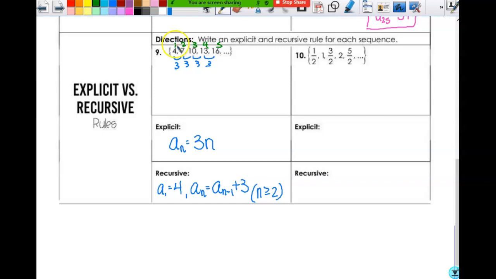So 3 times 1 is 3, and then I add 1. 3 times 2 is 6, and then I add 1. Right? So I just have to add 1 here. And that's my answer. So you look at number 10 and write the recursive rule for that.